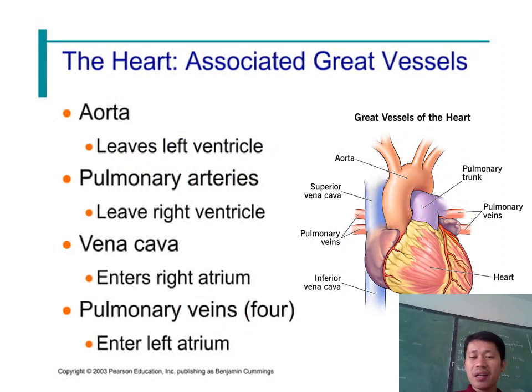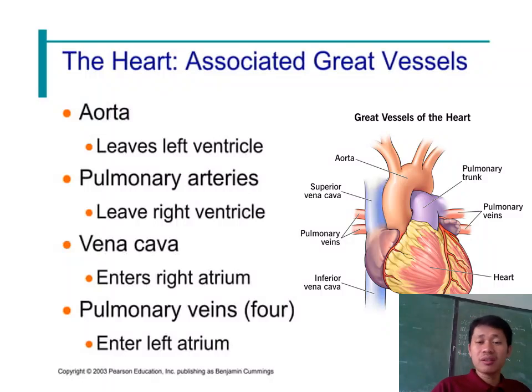This diagram shows the great vessels, the largest blood vessels. The aorta is clearly labeled here. You can see the aorta, the pulmonary arteries, the vena cava, and the pulmonary veins, the four of them, and it also explains the direction of the blood. The aorta is where the blood goes after leaving the left ventricle.